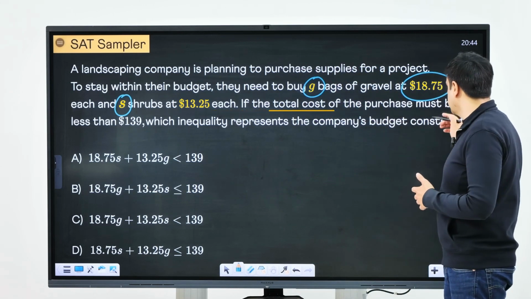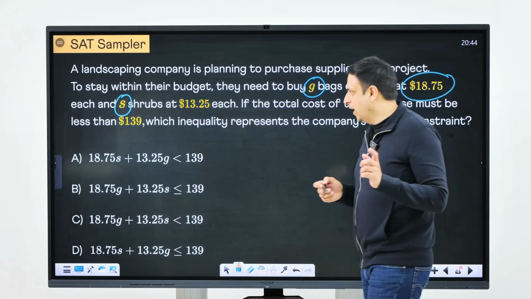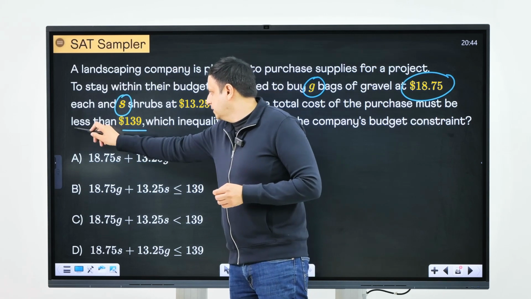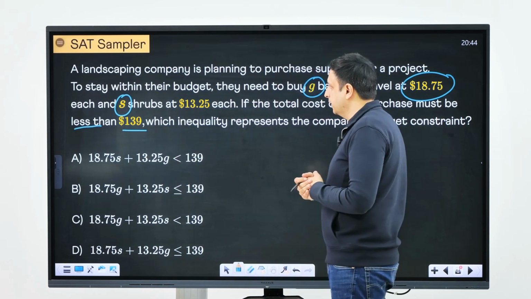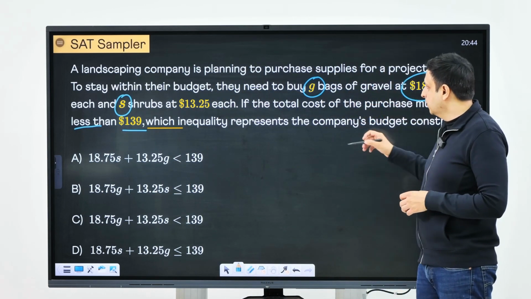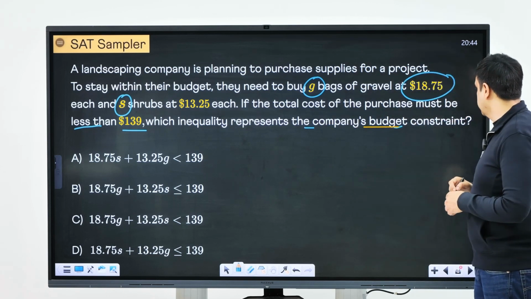If the total cost of the purchase must be less than $139, so less than means we now have an inequality here, which inequality represents the company's budget constraints?